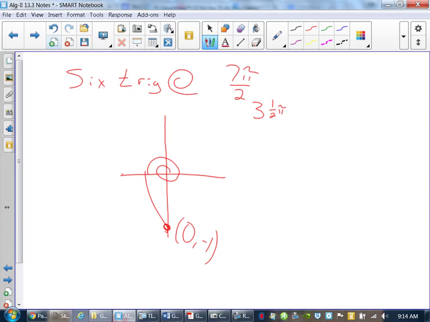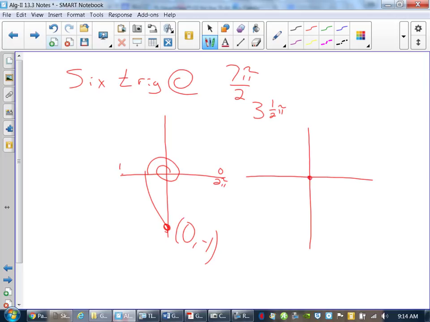Okay? I don't get where you get the 1. Okay. Wait, wouldn't you go around 3 times? No, remember this is 0, 1 pi, 2 pi. Every 180 is 1 pi.